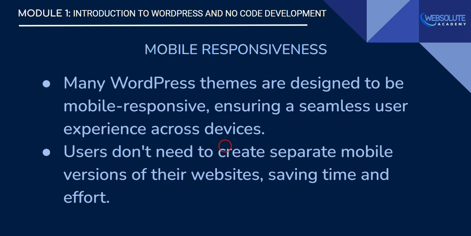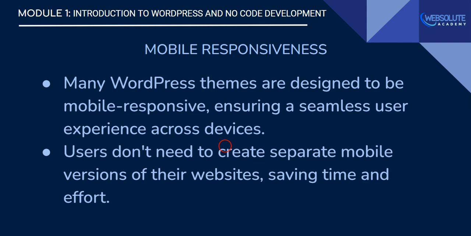Then mobile responsiveness. Many WordPress themes are designed to be mobile responsive, ensuring a seamless user experience across devices. Before now, if you were building a website, you would need to contact a developer to create a mobile version of your website for you, which is kind of expensive.